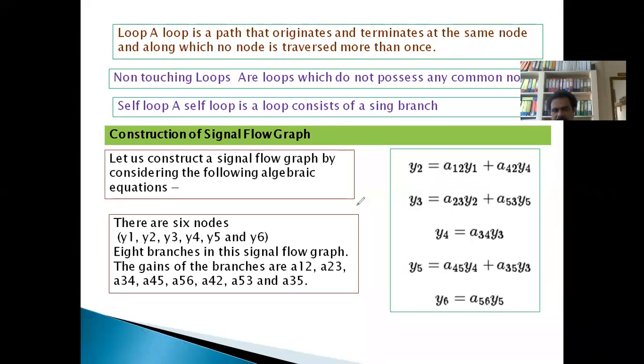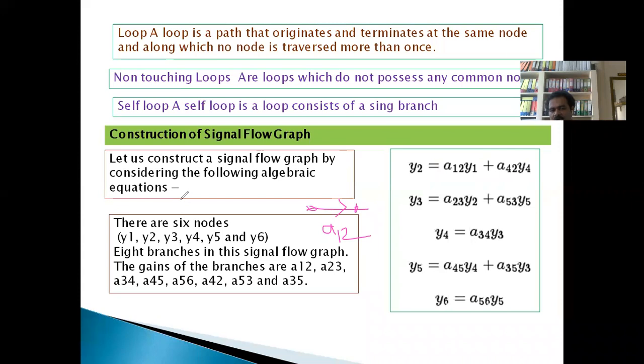So this can be represented as a branch in between two nodes, and this branch has a branch gain. So we have to represent it with its branch gain. The signal is flowing in this direction.